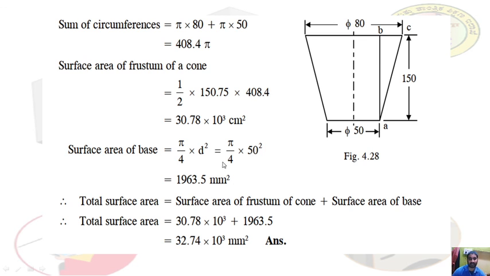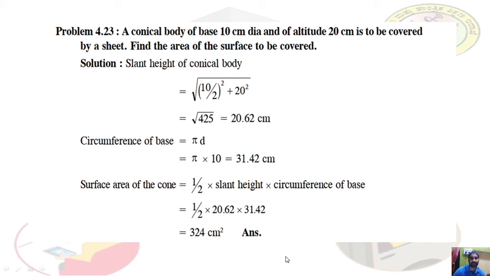So we require 1963.5 square millimeter for covering this glass. So the total surface area is the sum of the surface area of the frustum of cone, that is 30.78 into 10 raised to 3, and 1963.5 square millimeter. So the total area required is 32.74 into 10 raised to 3 square millimeter. This is the total surface area required for making this glass.